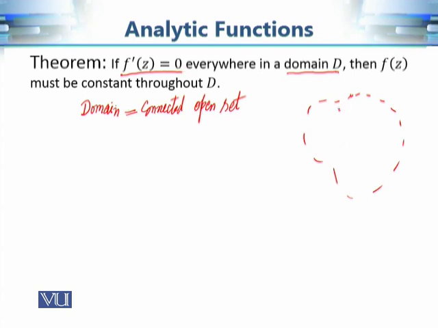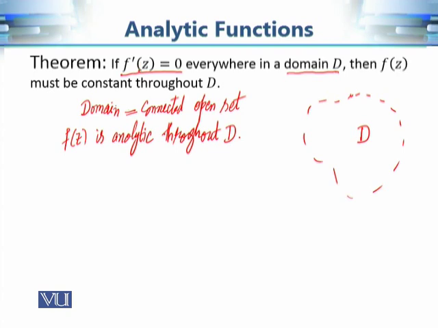And if the derivative exists at each and every point in an open set, then we discussed in our earlier discussion that this function must be analytic in the whole domain D. Okay, so f of z is analytic throughout D. So it is analytic at each and every point in this domain D.